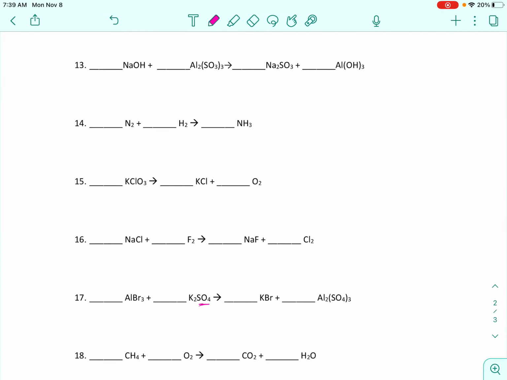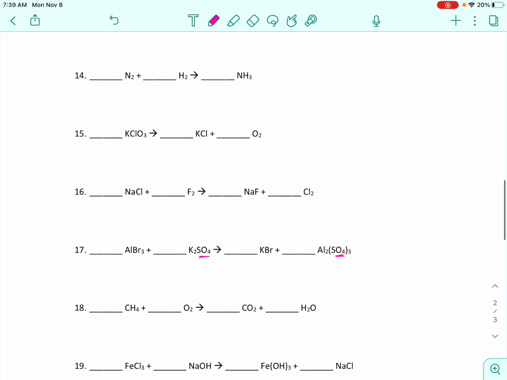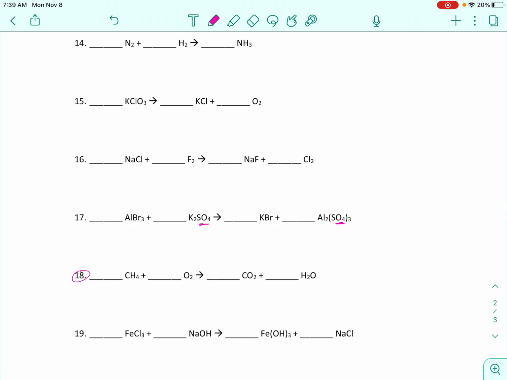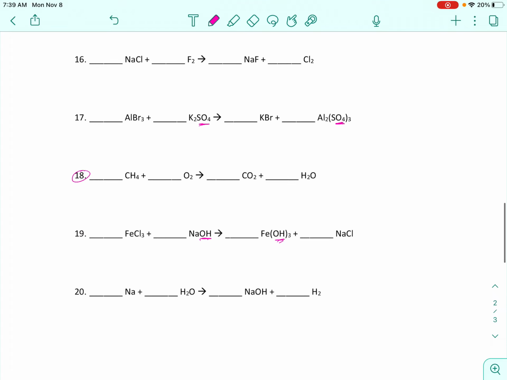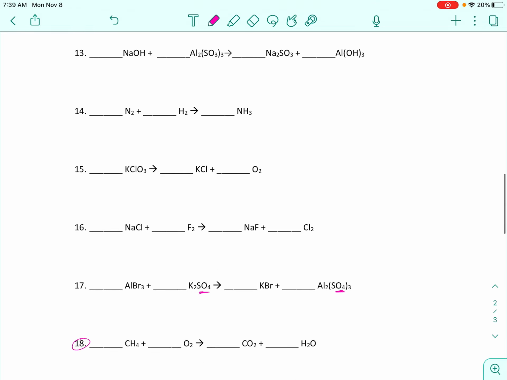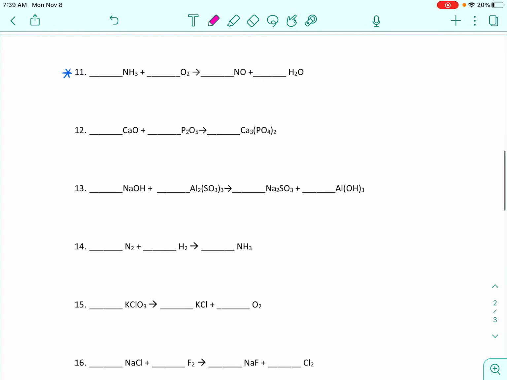If polyatomics stay together, just leave them together when you are balancing. There's another one of those combustion reactions. Here, polyatomics again, hydroxide stays together, so you can keep it together. On 20, you can't do that because hydroxide doesn't stay together. But if you see that the polyatomics stay together, like on 13, they all stay together.